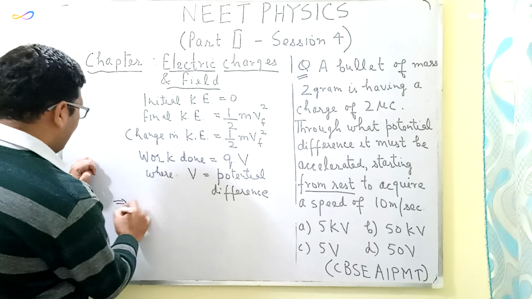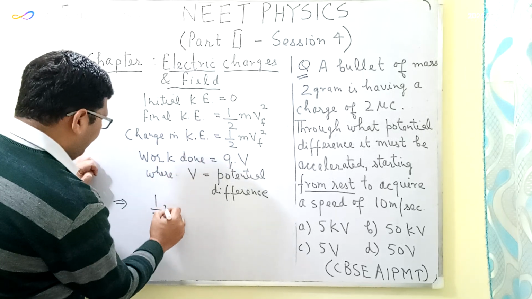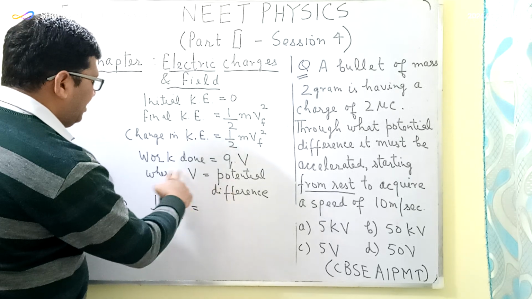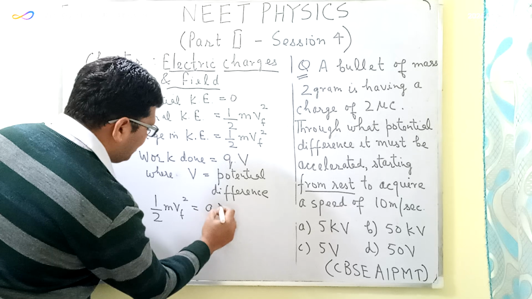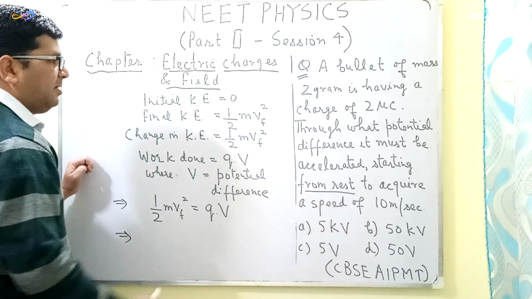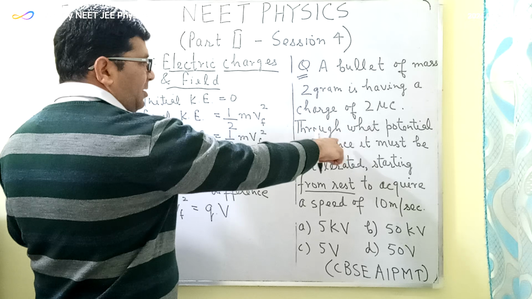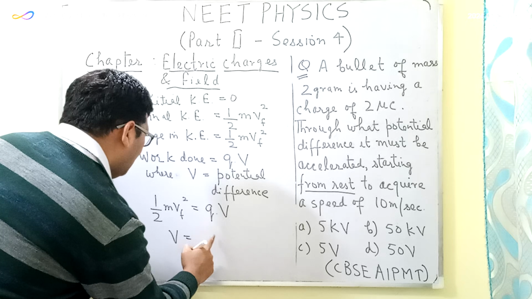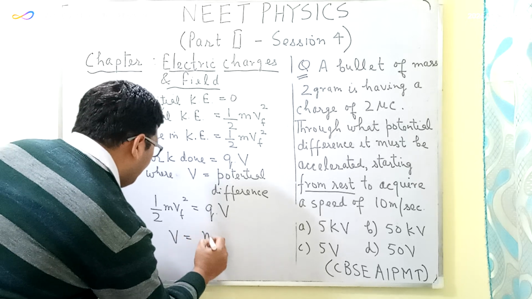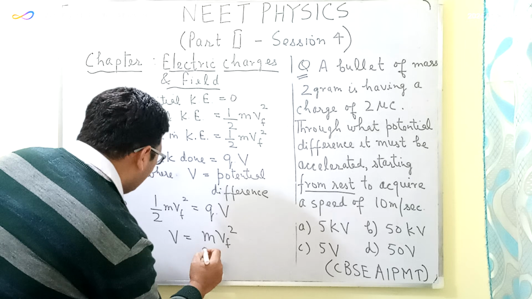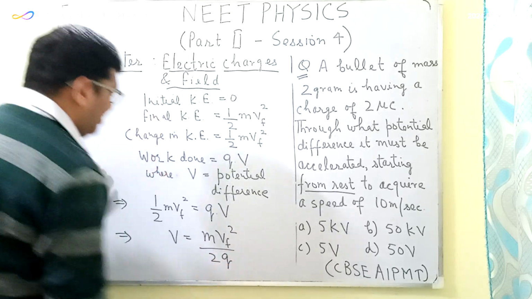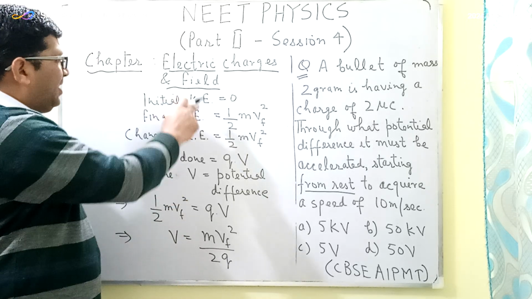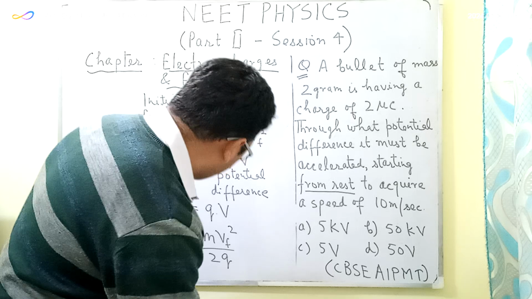So, as per the work energy theorem, half m v_f squared should be equal to Q into V, and we are supposed to find the potential difference. So V will be equal to m v_f whole squared divided by 2q. This is the formula which we have been able to derive by using the concept of the work energy theorem.